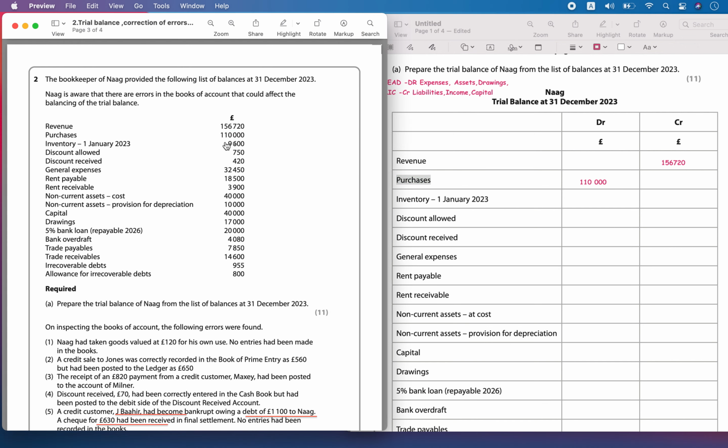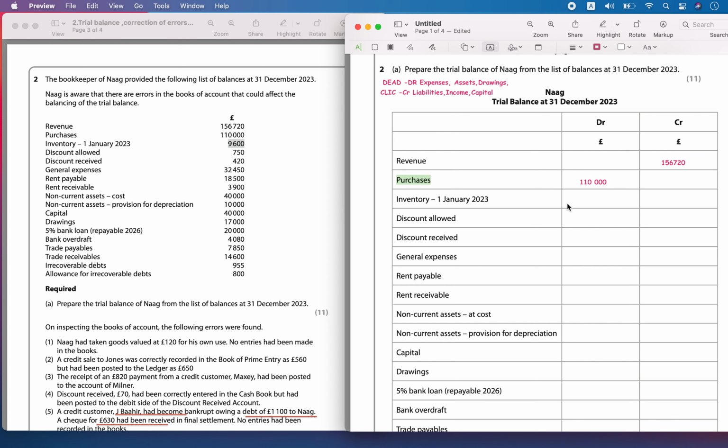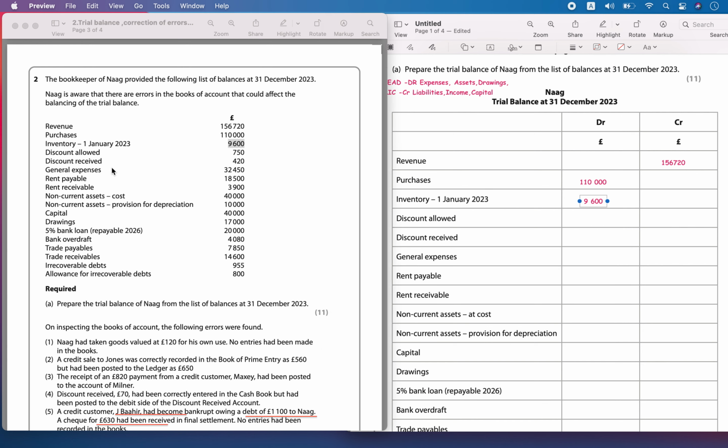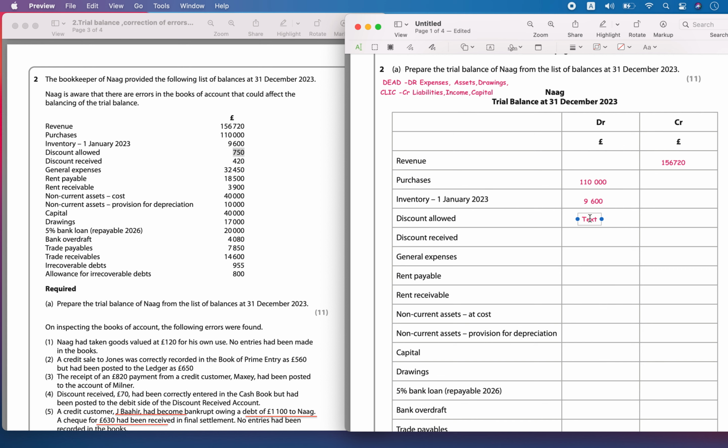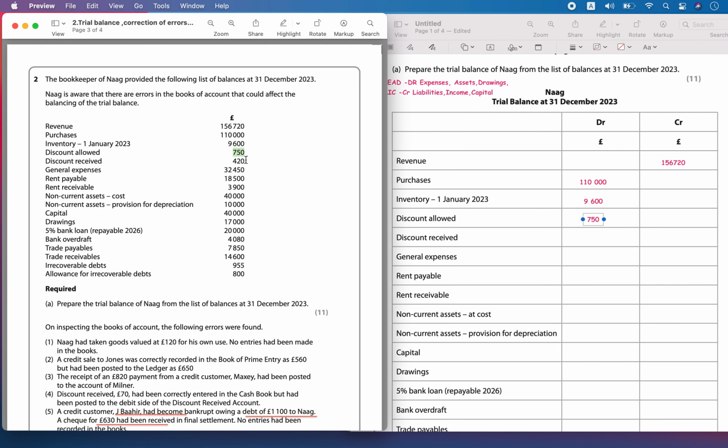Then we have the opening inventory. That is also a debit balance, remember. In the income statement we put it as opening inventory plus purchases minus closing inventory, right? So next, discount allowed. What was the discount allowed? When the cash payments were made. So the discount allowed is also a debit balance, and discount received is a credit balance.